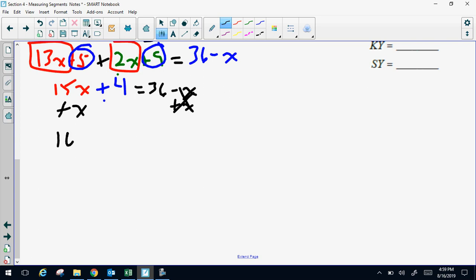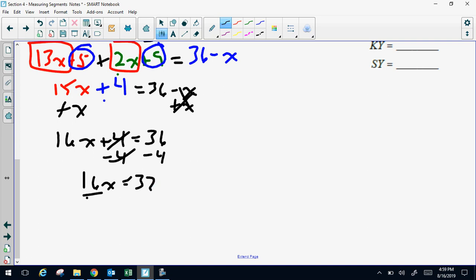It gives 16x plus 4 equals 36. Subtract 4 from both sides, which is 16x equals 32. And divide by 16. So we get that x is equal to 2.